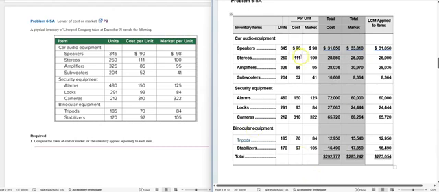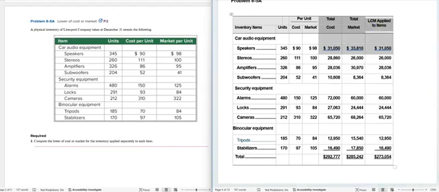Now to apply the rule, we are going to compare each inventory item's cost to its market. For speakers, total cost is $31,050, total market value $33,810. The lower amount is the cost.